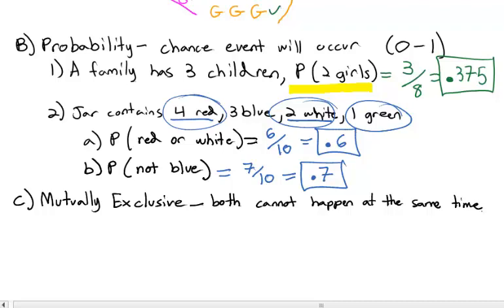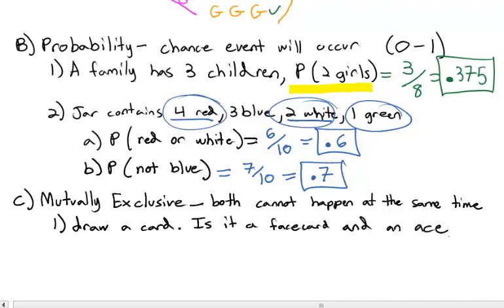Let's look and see if these things seem like they are mutually exclusive. Let's say you draw a card from a deck, and I want to know, is it a face card and an ace? Can it be both?